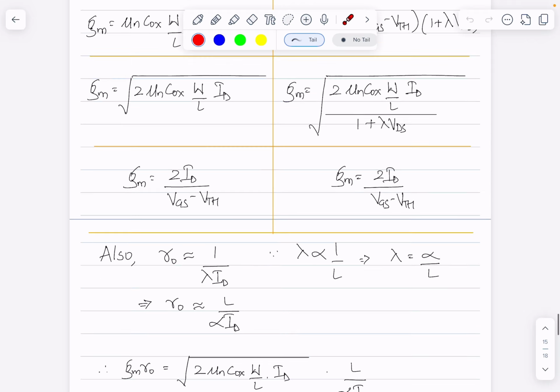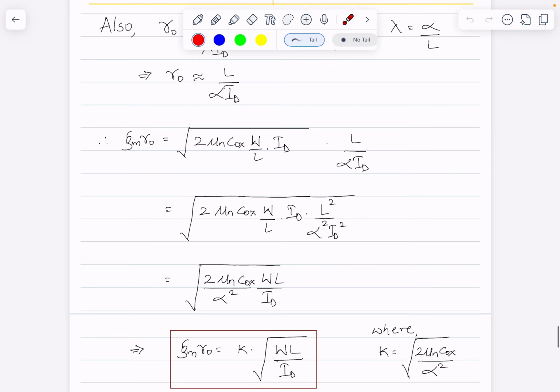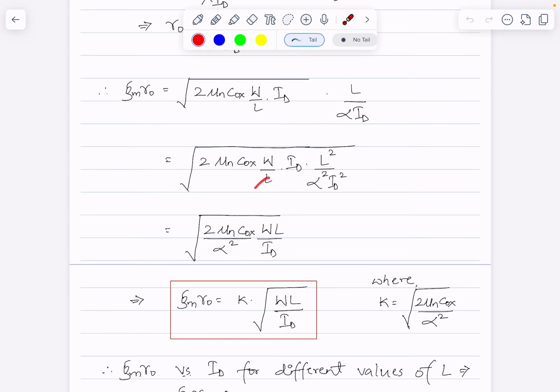Now we just need to multiply gm with ro and see what we get. So gm·ro is the square root of 2 mu n Cox W over L ID, times L over alpha ID. If I bring this term into the square root, then it will be L squared over alpha squared ID squared. Now one L cancels with one L, one ID cancels with one ID, and regrouping the constants together, we have the square root of 2 mu n Cox over alpha squared times W over L ID.